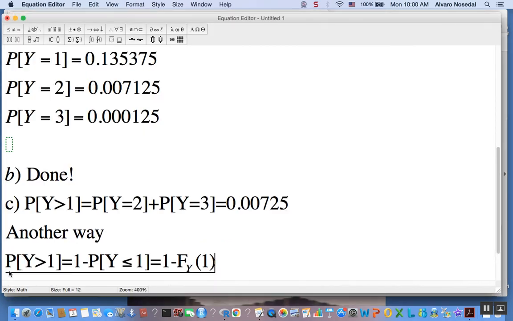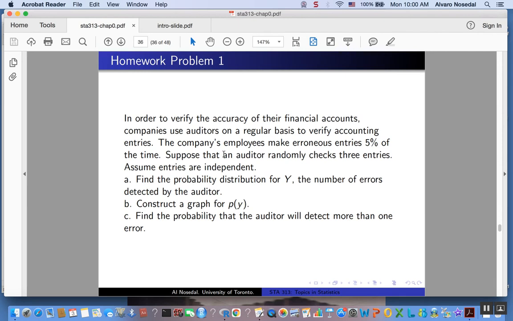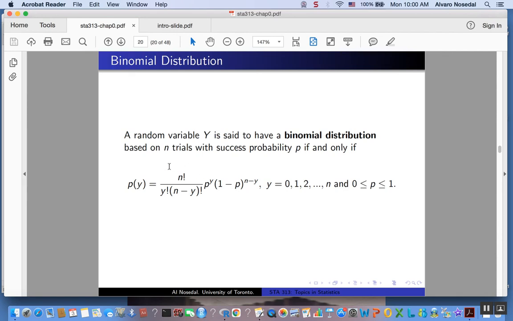Okay, so let's summarize. What we did here is we just very quickly reviewed some of the things that we have seen before for a binomial random variable. We talked about the probability mass function of a binomial distribution. We know that the formula looks like this, right?